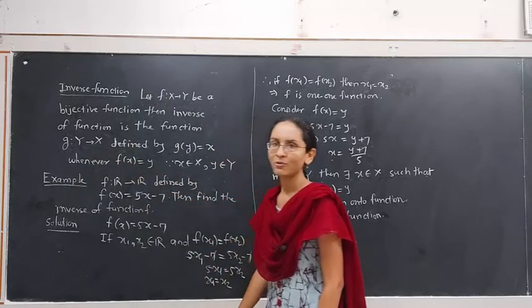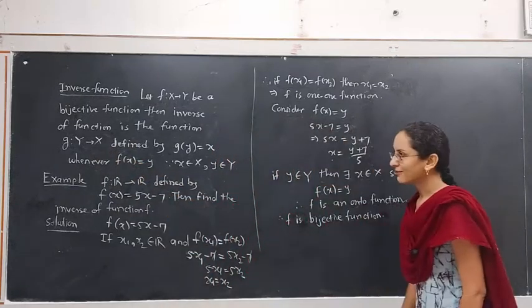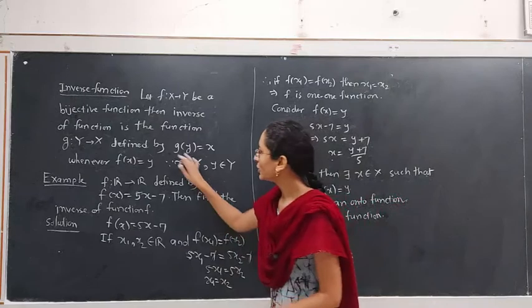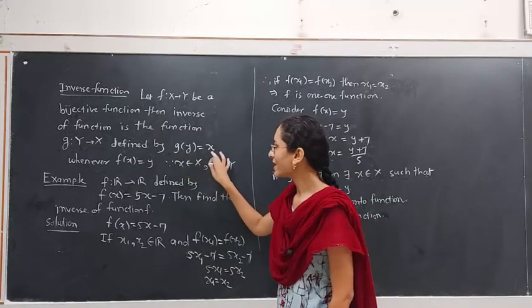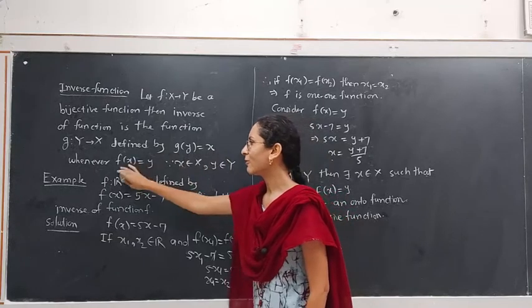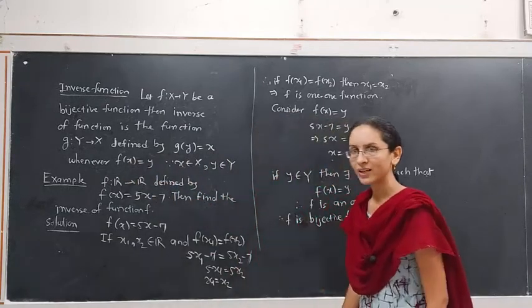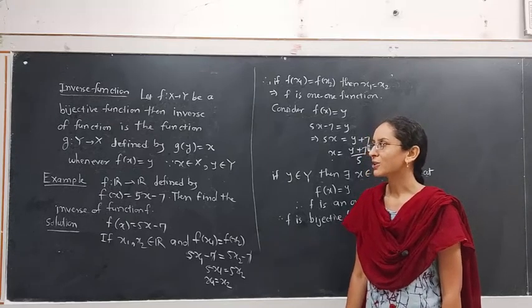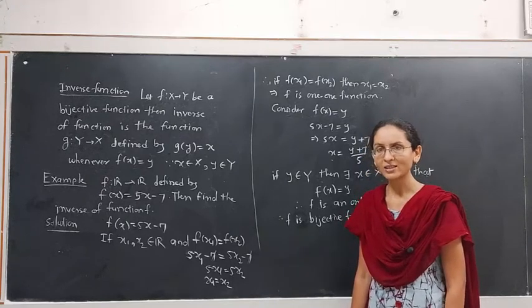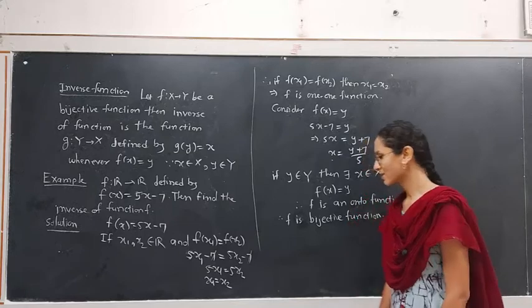G is a function from Y to X. What is the definition of inverse function? G will be inverse of function f if g of y is equal to x whenever f of x is equal to y. If we consider f of x is equal to y, then g is a function from Y to X where g of y is equal to x.